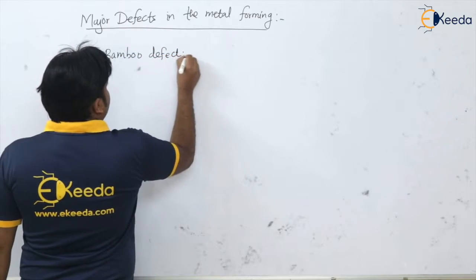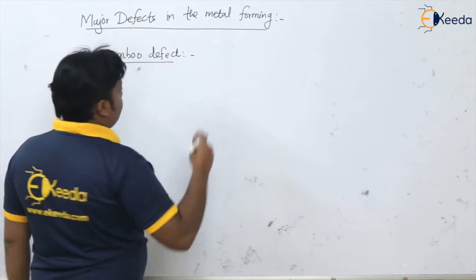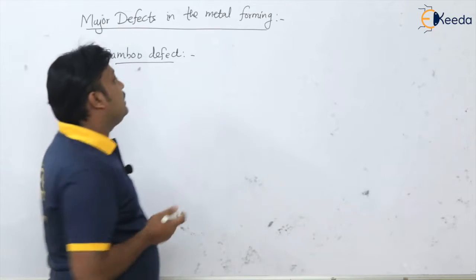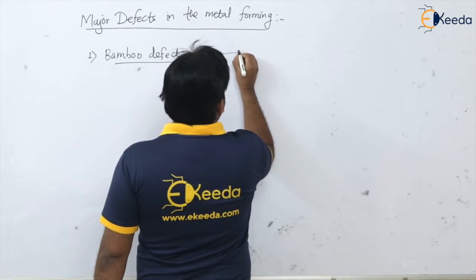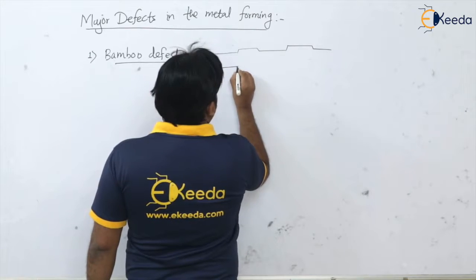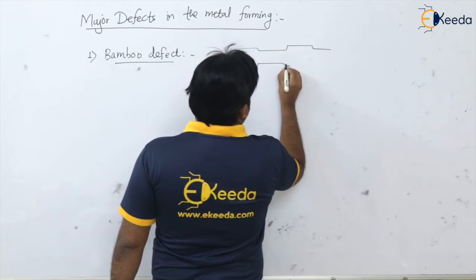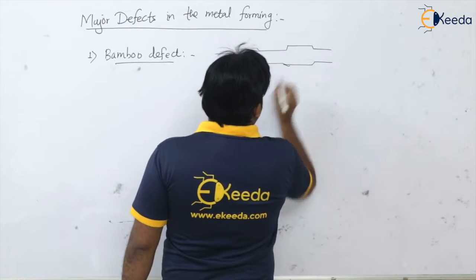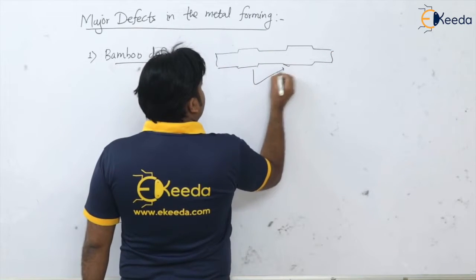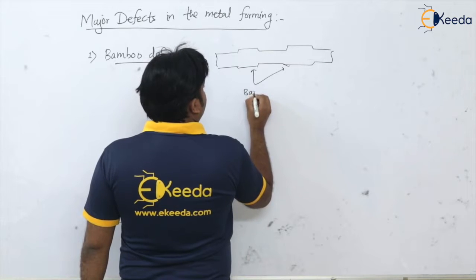So what is bamboo defect? Here the cross section of the extruded part will have a structure like a bamboo stick. It will look like this. The cross section of the extruded product will be like a bamboo stick.